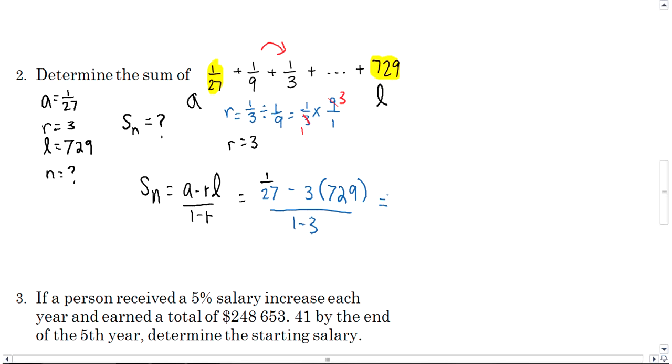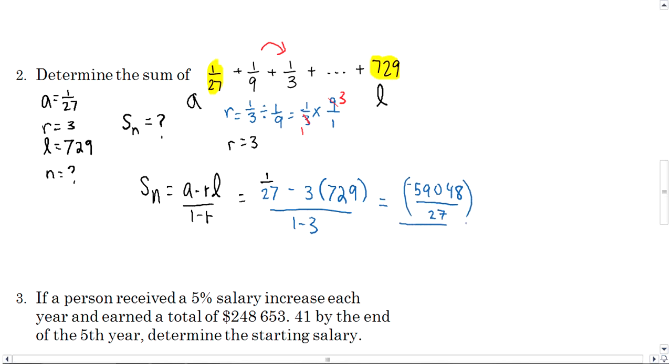Let's see what this is all equal to. Don't forget to follow the rules of BEDMAS. You're going to multiply out 3 times 729 first, and then do 1/27 minus that product, and then divide by -2 here. So on the numerator, I'll show a few more steps, you will get -59048 over 27.